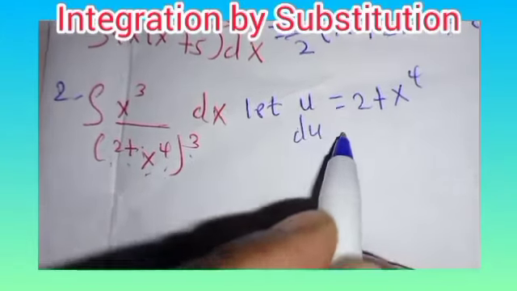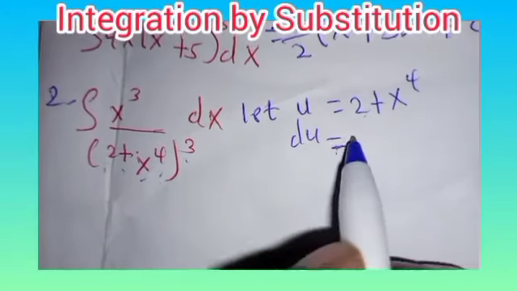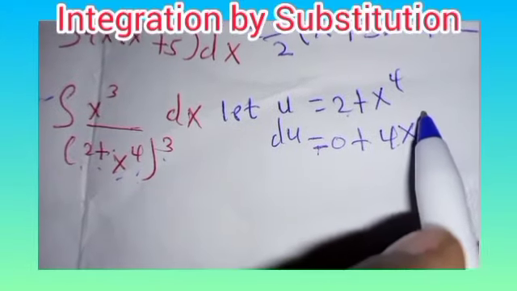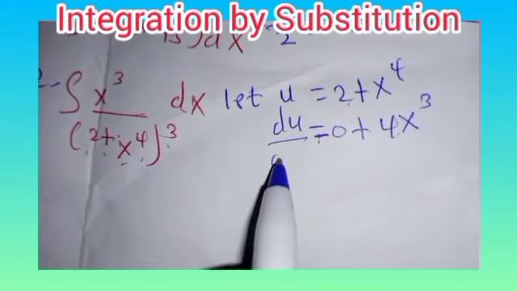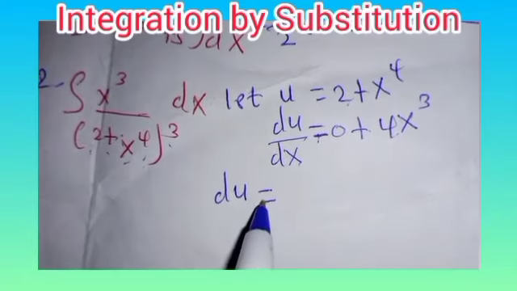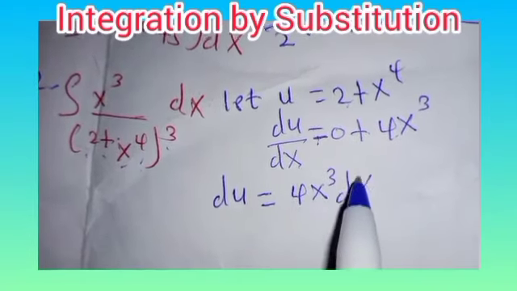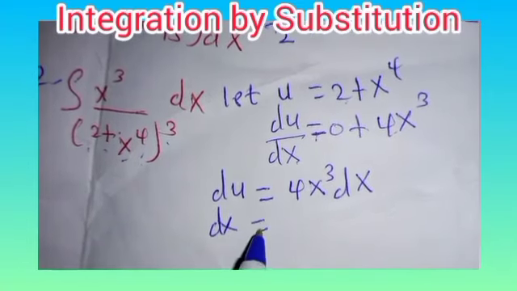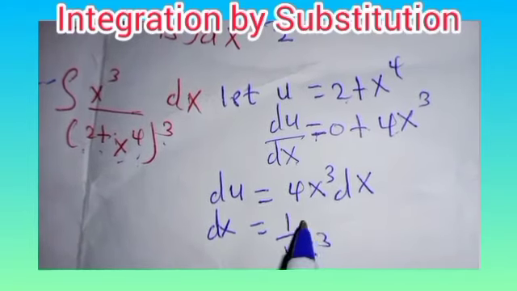Then du will give you, when you differentiate, 2 is 0 plus 4x cubed dx. So du will give you 4x cubed dx, meaning that dx is equal to 1 over 4x cubed du.